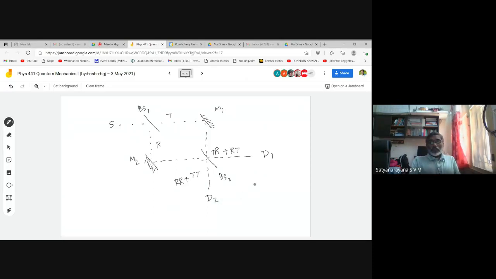Now the observation is that D1 will get all photons. It's 100% of the photons come here, and D2 gets no photons.